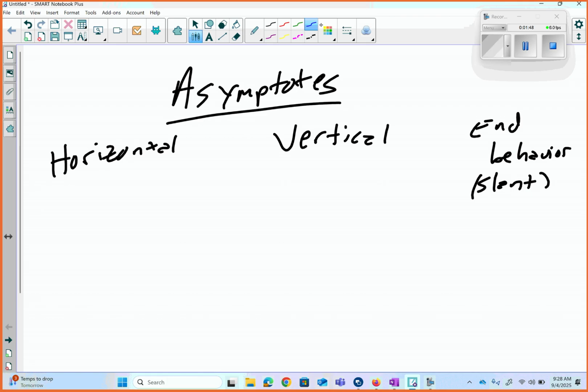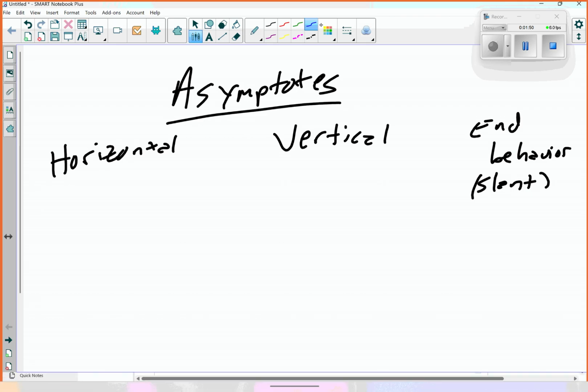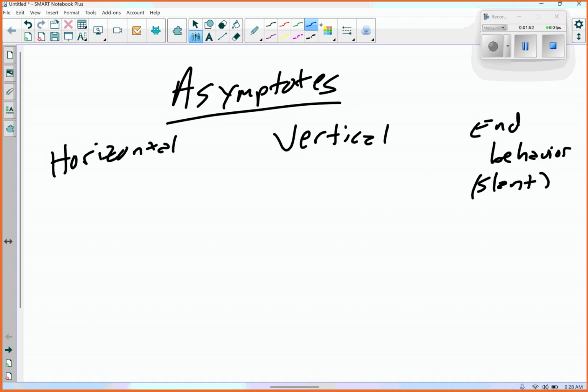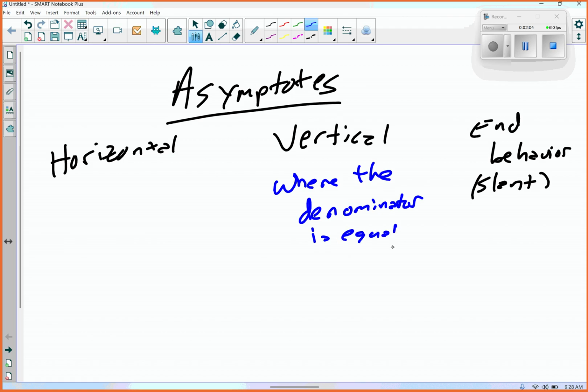All right, so a vertical asymptote is where the denominator is equal to 0. But something jumps in on vertical asymptotes called a hole.